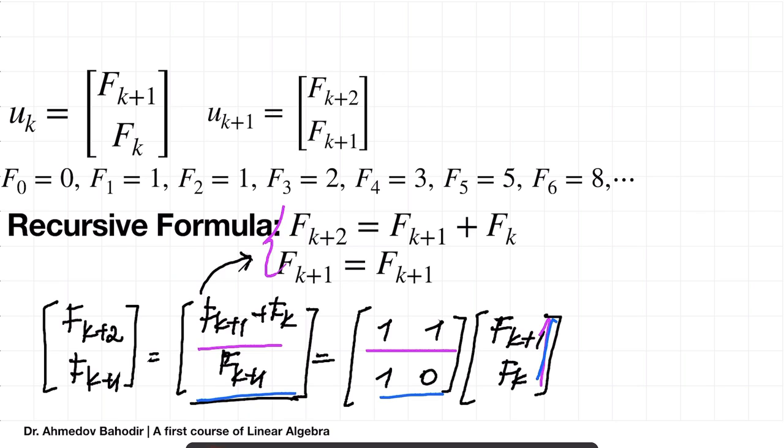So if you look carefully at this vector, this is nothing else than uk plus 1. And this vector is nothing else than uk. So you see, if you multiply uk by some matrix A with the following entries 1, 1, 1, 0, you are going to obtain uk plus 1.